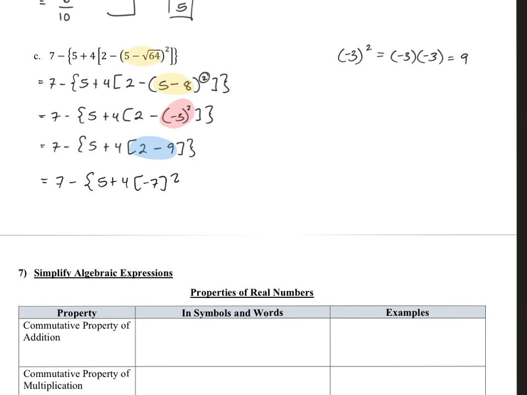Ugh, the hand is getting weak. Okay. Alright, now we have the 4 times the negative 7. 4 times negative 7? Negative 28. So you could do 5 plus negative 28, or you could just do 5 minus 28. Both would work.